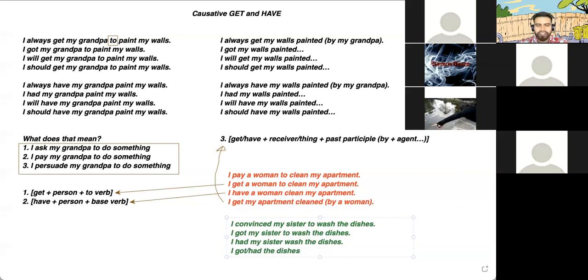How do you spell washed? W-A-S-H. But it's supposed to be in the past participle. Washed. Very good. And I would obviously say by my sister because, well, she is important to me. Remember, we use the agent if it's important.